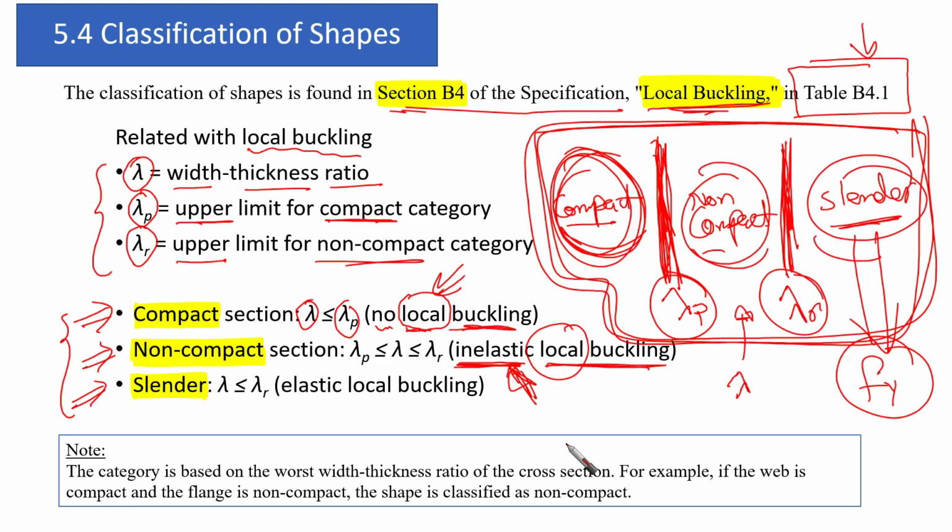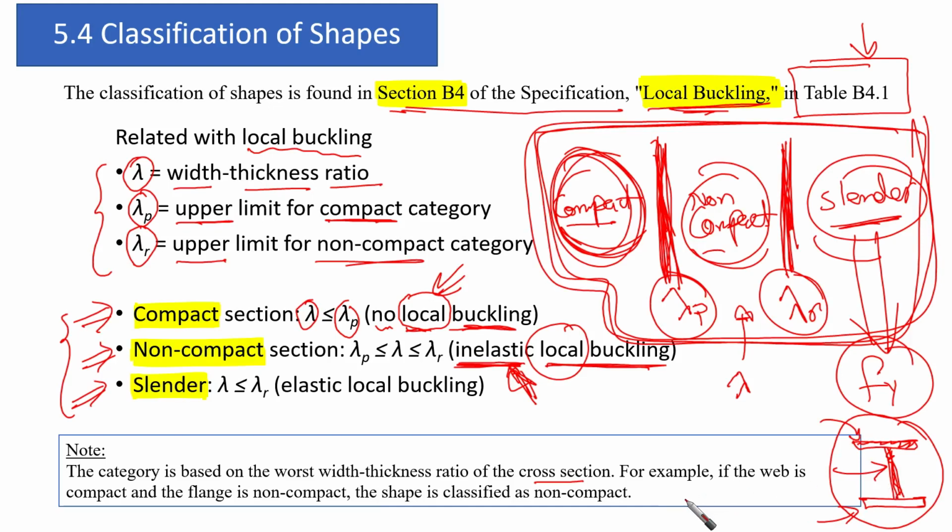Note, the category is based on the worst width-thickness ratio of the cross-section. What is the meaning of this? For example, if we have the web and two flanges, we need to check for the flange and for the web as well. If the flange is compact and the web is non-compact, then the entire section is going to be called non-compact.